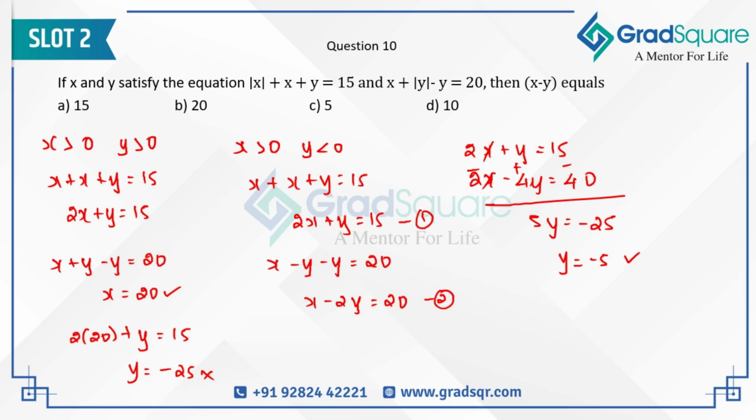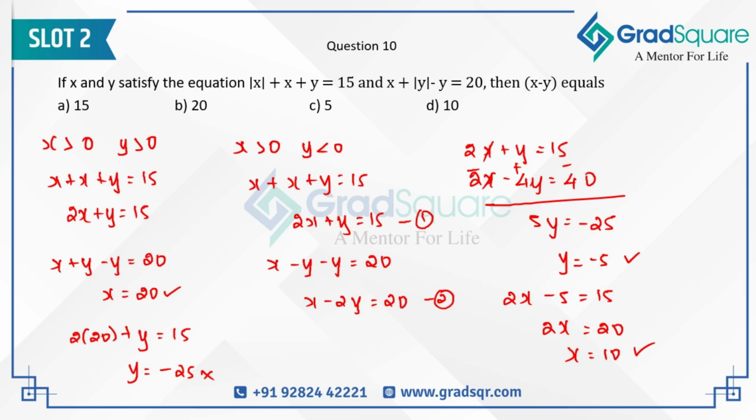Now upon substituting y equal to minus 5 in any one of the equations, 2x minus 5 is equal to 15, 2x is equal to 20, and x is equal to 10. Again an acceptable value because we have taken x greater than 0. Now I don't have to check for any other values of x and y because this itself is giving me the answer, and no option says that both A and B are correct or both B and C are correct.